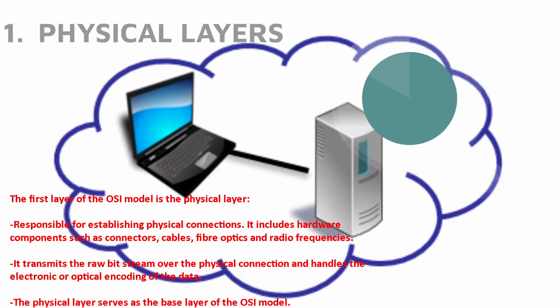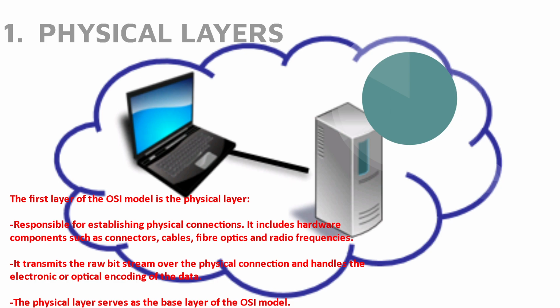The first one will be the physical layer, which is the base. The first layer of the OSI model is the physical layer. It's responsible for establishing physical connections. It includes hardware components such as connectors, cables, fiber optics, and radio frequencies.